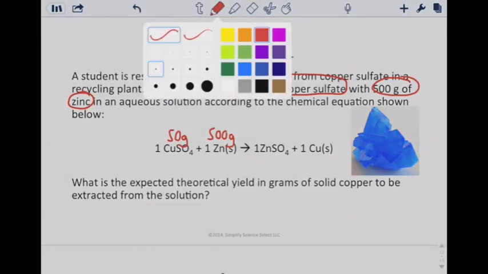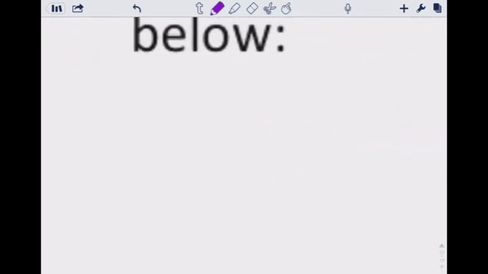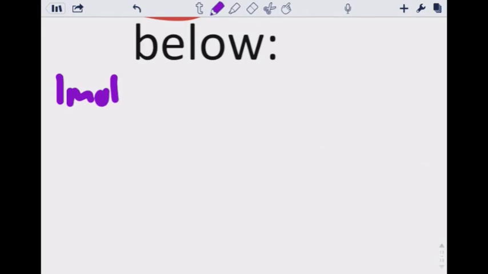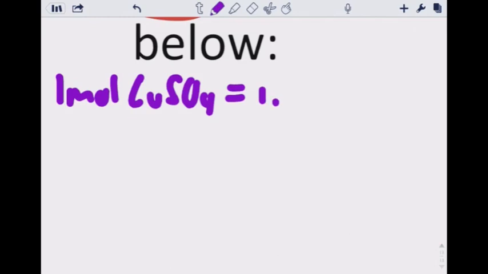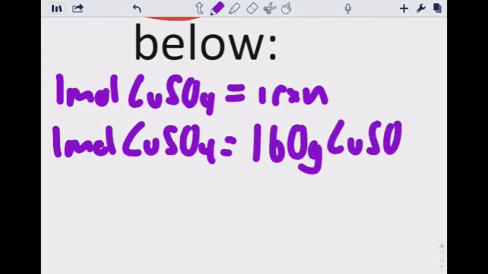So I'll do one of them in purple, and we'll start with the copper sulfate. When we look at the copper sulfate, we know that 1 mole of CuSO4 equals 1 reaction. And then we also need the molar mass. So 1 mole of CuSO4 equals the molar mass, which is right around 160 grams of CuSO4.